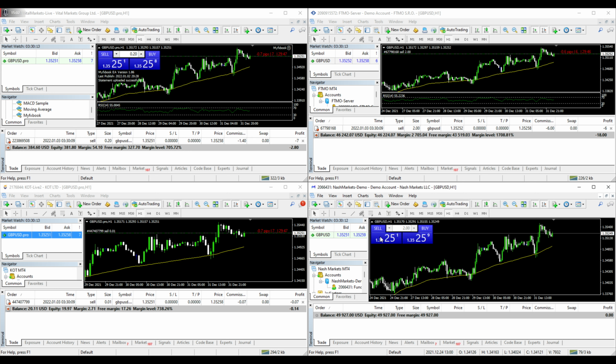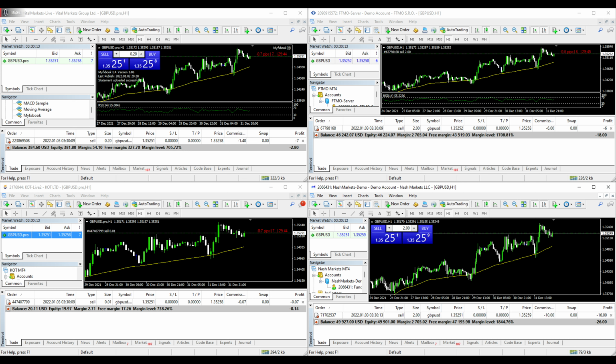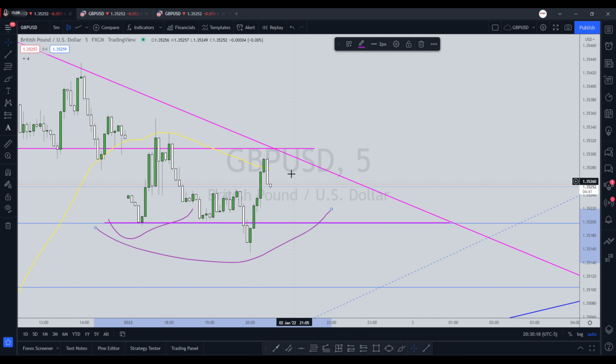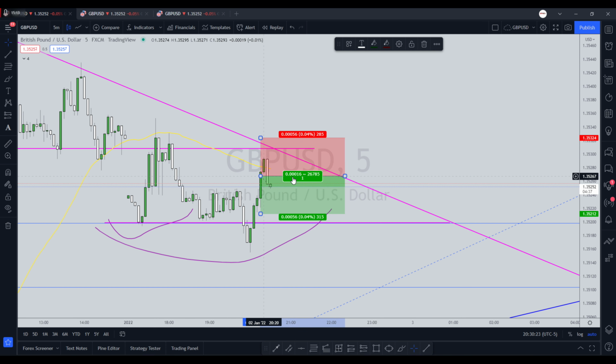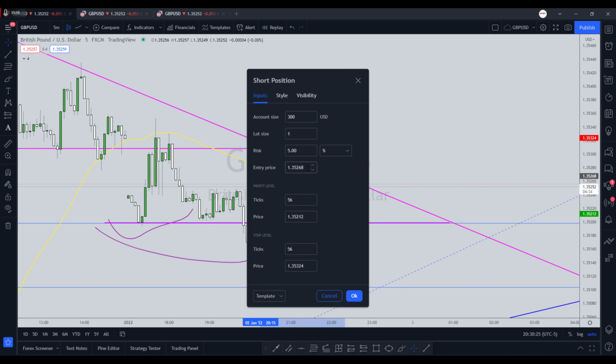So now all we're waiting for is to manage, look at the chart. I mean, maintain that entry right now.